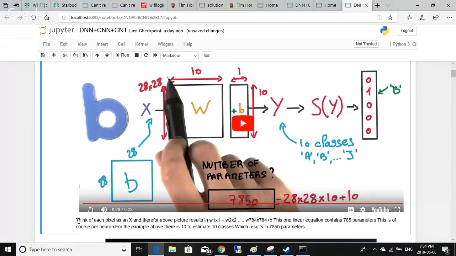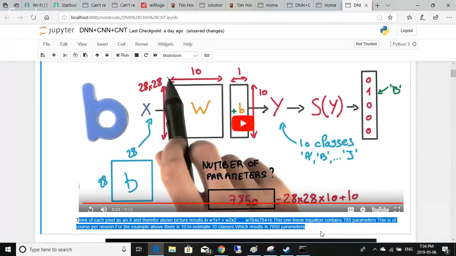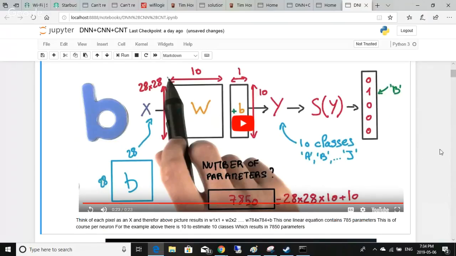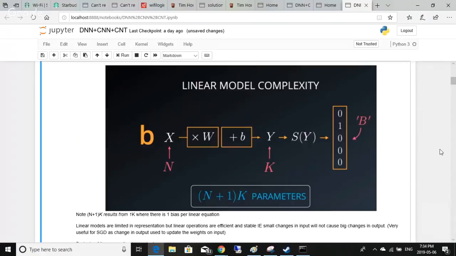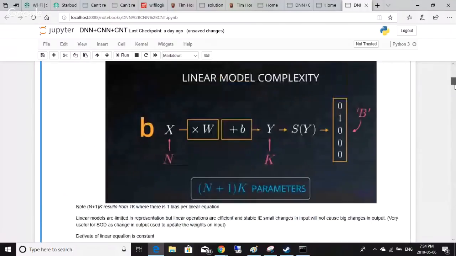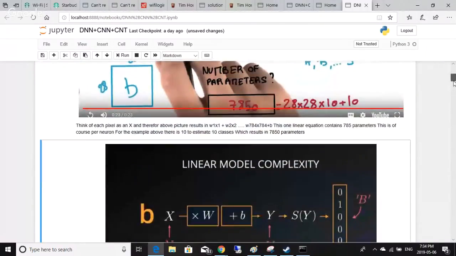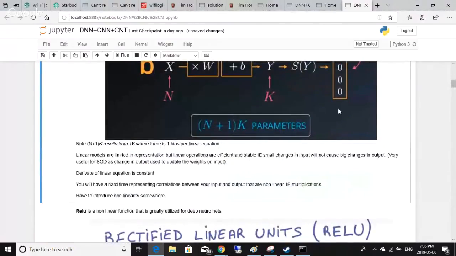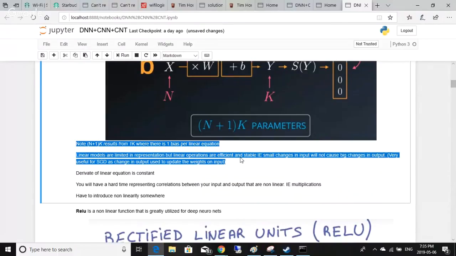You put it in here. And it's just an equation summarizing what was example 4.